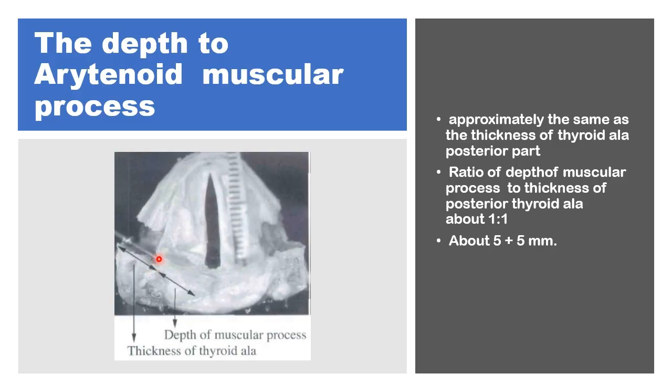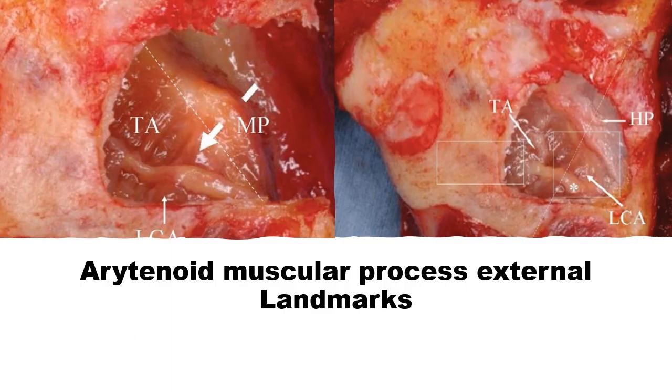So the muscular process is 5 millimeters from the inner table of the thyroid cartilage and about 1 centimeter from the surface of the thyroid ala. And through this tiny window in the thyroid ala that measures about 10 millimeters by 10 millimeters, you can gain access to the lateral part of the paraglottic space and identify the muscular process of the arytenoid.